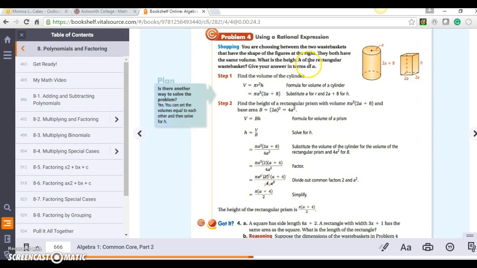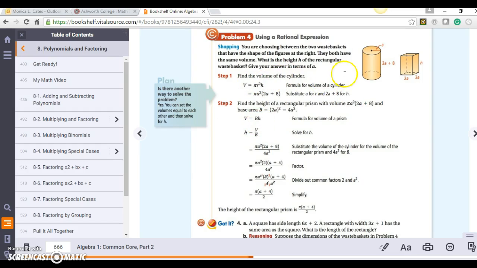What is the height H of the rectangular wastebasket, giving your answer in terms of A? So for a rectangular wastebasket, volume is basically the length times width times height. Since this is a square, this is the area of the base, that's what they have here, times the height.